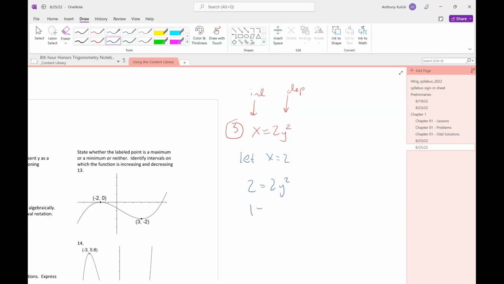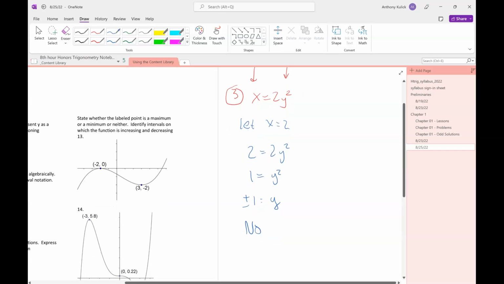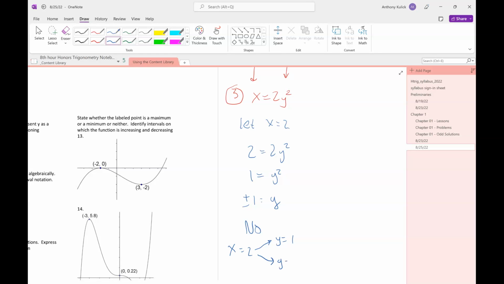So if I solve this for y, divide both sides by 2, I square root both sides, and I get 2 y's. So I would say no, it's not a function because x equals 2 goes to y equals 1 and to y equals negative 1. That's an explanation. That's reasonable.